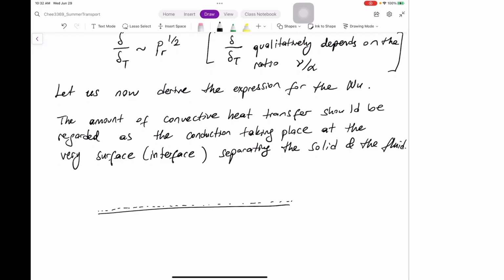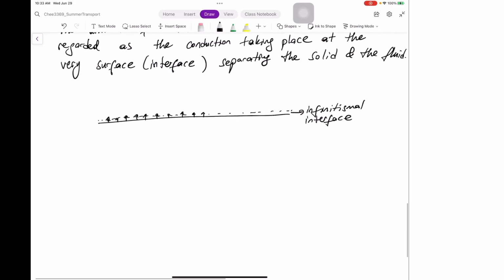I'm talking about a much, much smaller region, maybe like a 1 atom size region, an infinitesimal interface. Now the heat being conducted here is whatever is being lost by the solid. So you can say that's the heat flux that I would like to calculate, and that's the h that it relates to.